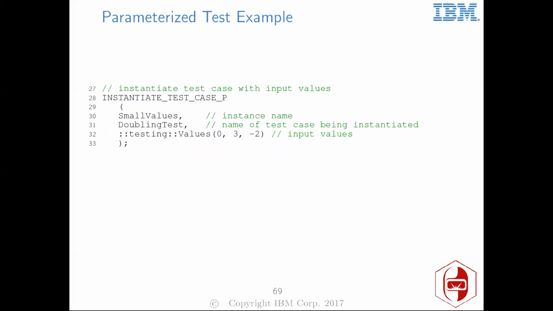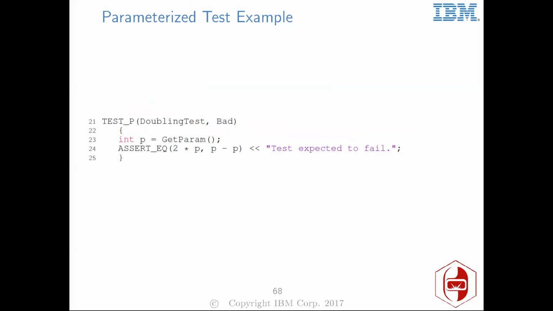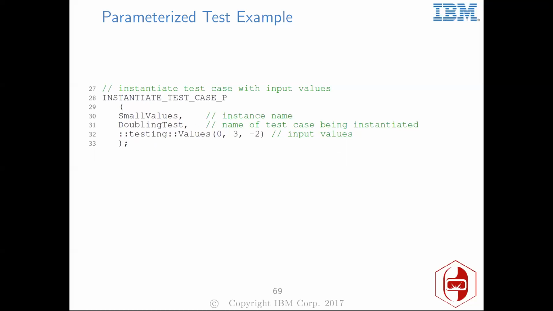We then specify the name of the test case we are instantiating, in this case, DoublingTest. And notice that that is the name I used for the tests. And we then specify the input values to the tests. The Google Test Values function is variadic and allows us to specify a list of possible inputs.